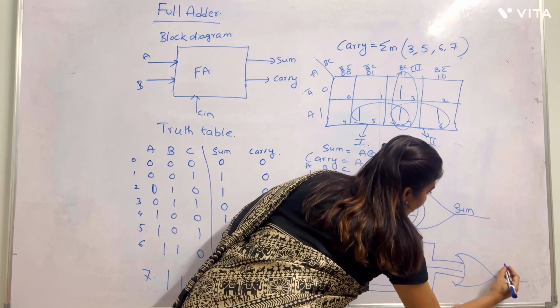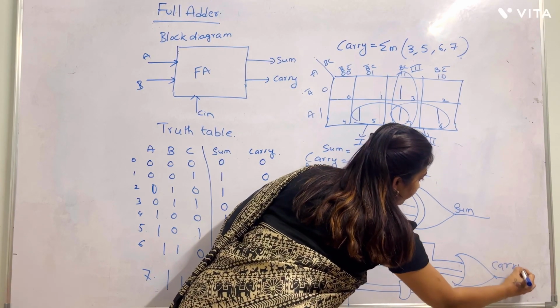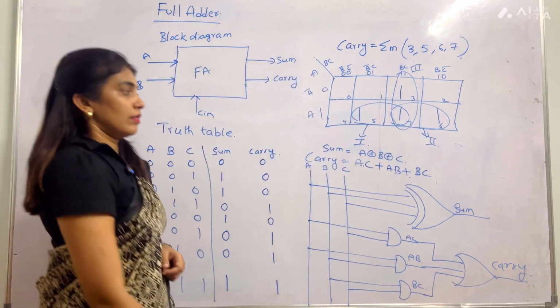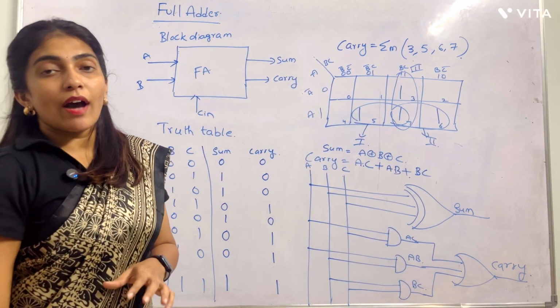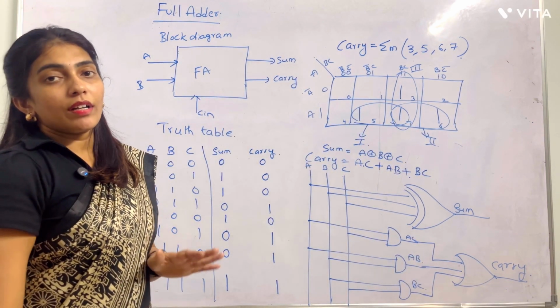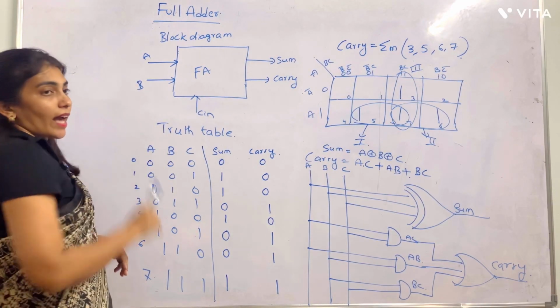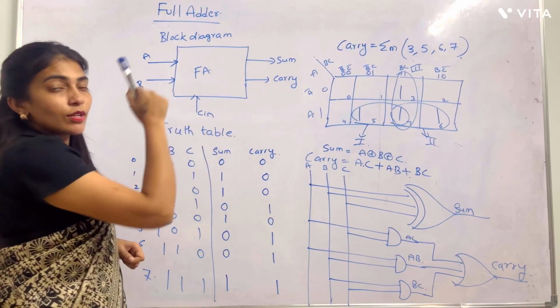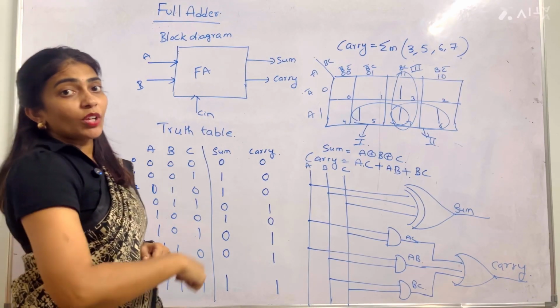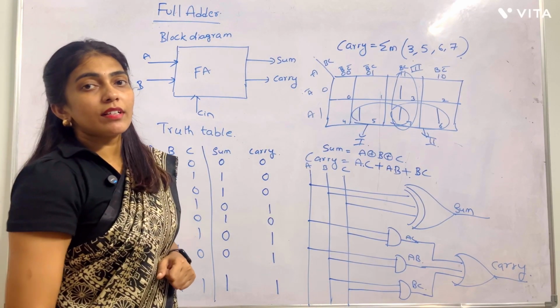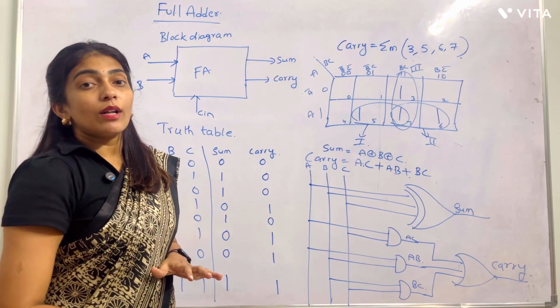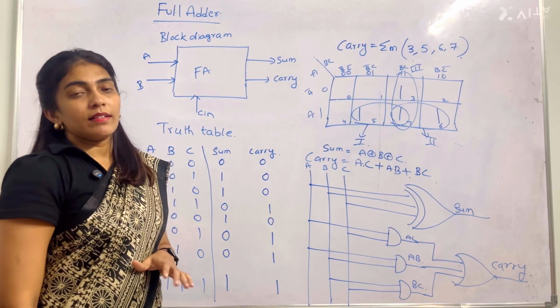Now this is the output for carry. In this way, we have to calculate the full adder sum equation and carry equation. The first step is the block diagram, truth table. Next, logic equations. After that, the last step is the logic circuit. Thank you.